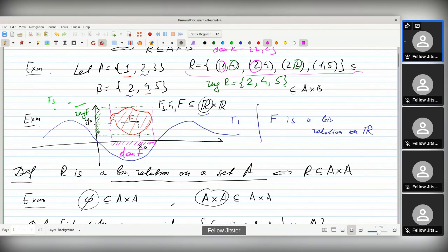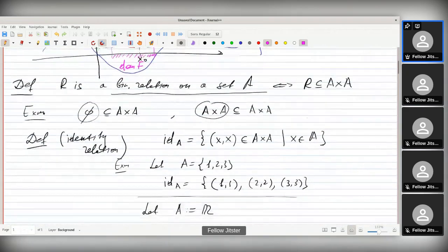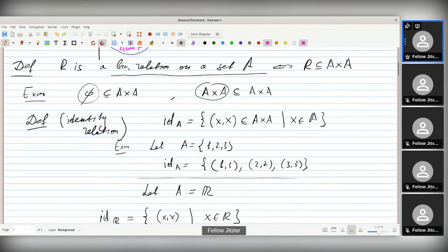So the domain and the range are just the projections of our set. And what is the domain of the empty relation? Which first coordinates may the empty set of pairs have? What is the domain of the empty set?